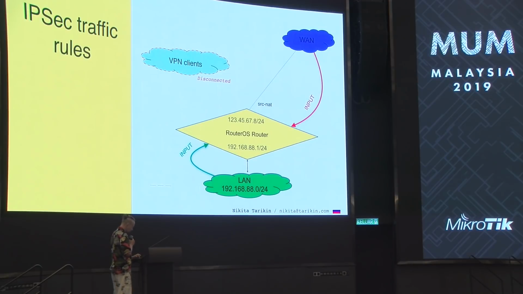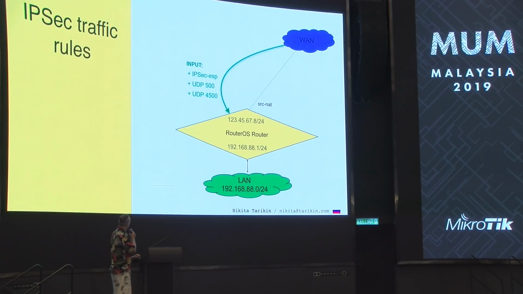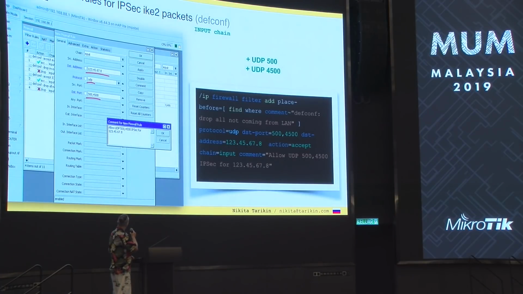So what we need to do is to make 3 rules to allow IPsec incoming connections. Here we add 2 UDP rules used by IPsec.